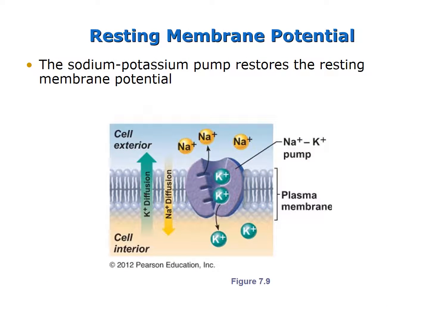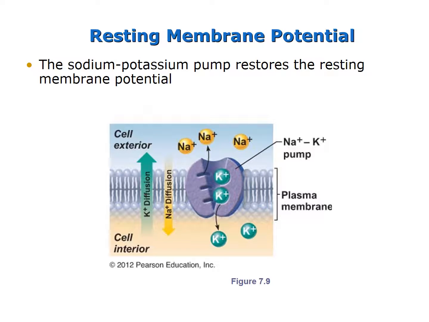So after potassium channels open and repolarize the plasma membrane, we may have restored the electrical gradient across the plasma membrane, but notice that the sodium and potassium concentrations have switched sides. We now have a higher sodium concentration outside the cell and a higher potassium concentration inside the cell.